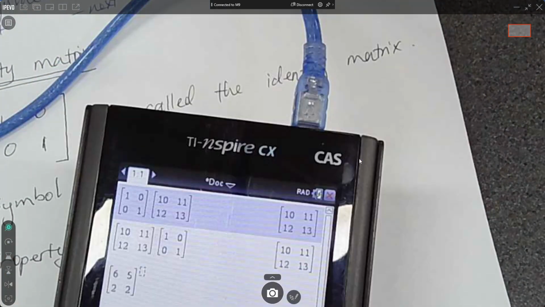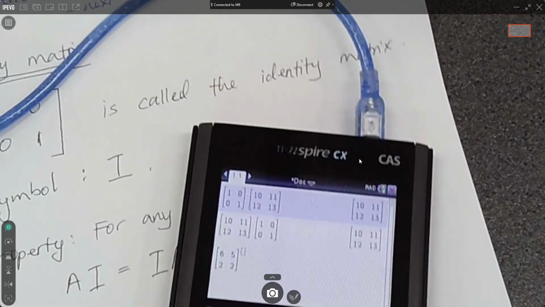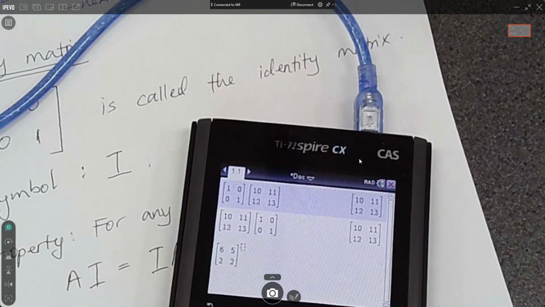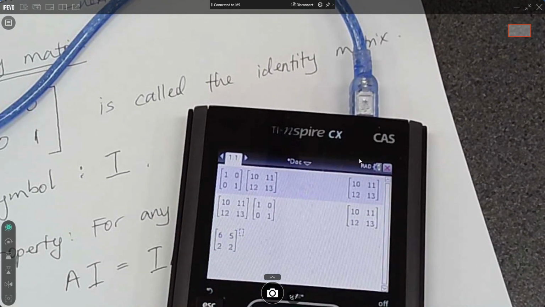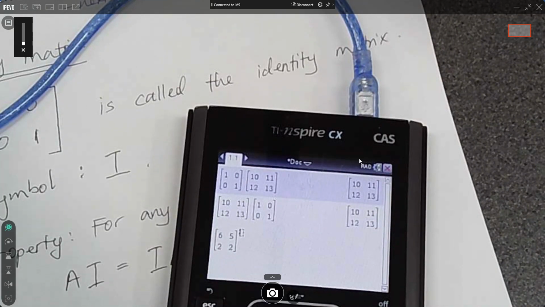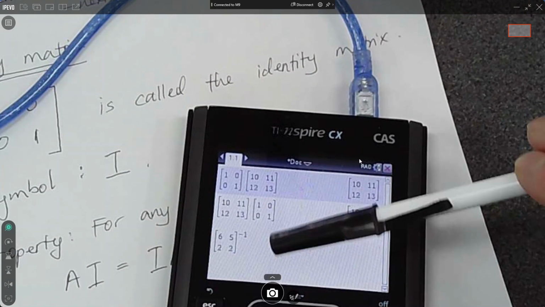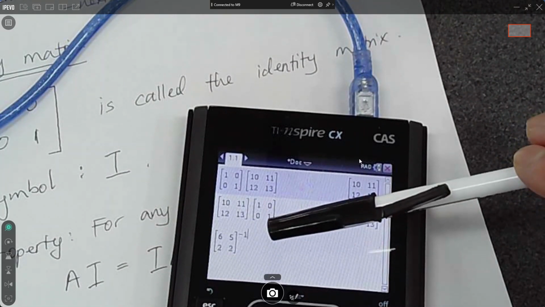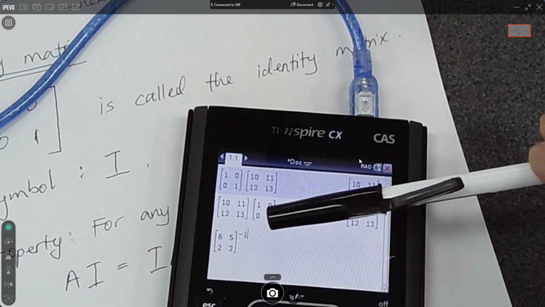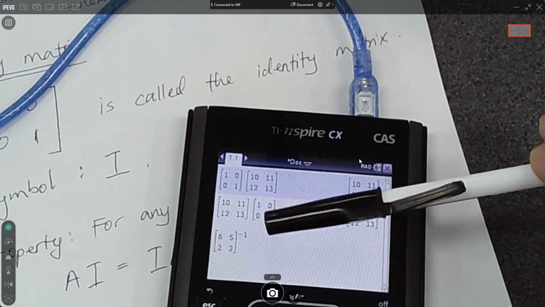So you press that, and then you'll see, sorry, it's a bit slow. Okay, so put in the matrix, put in a power, and this time I want you to put -1 there.